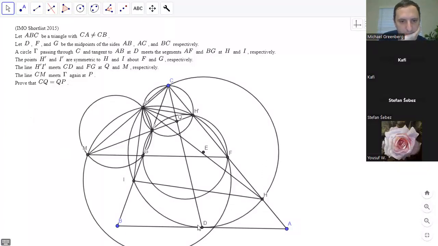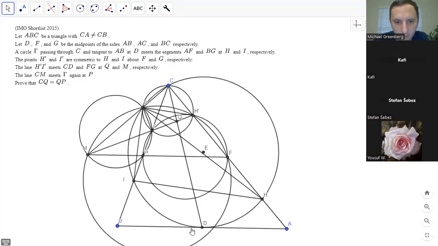I know how to prove the cyclic thing. You can use power of a point at B and A. BD squared is BI times BC, and AD squared is AH times AC. Those two are equal because of the midpoint.